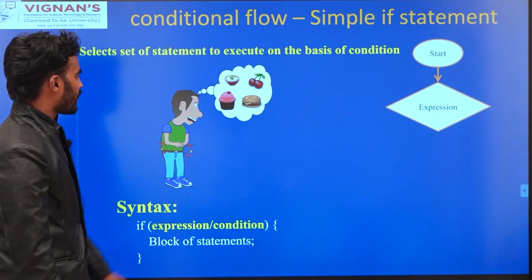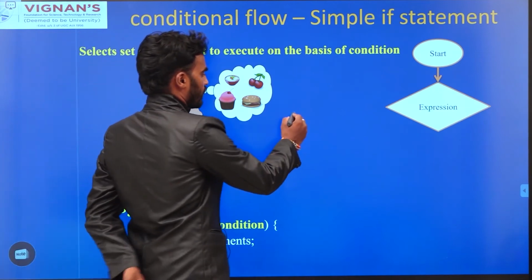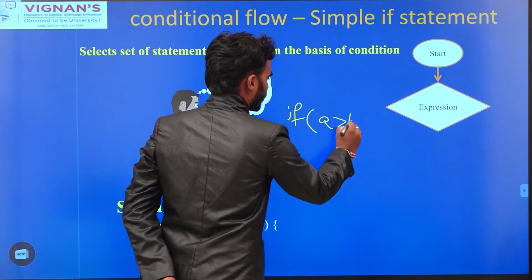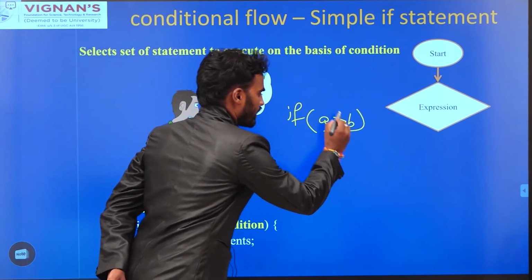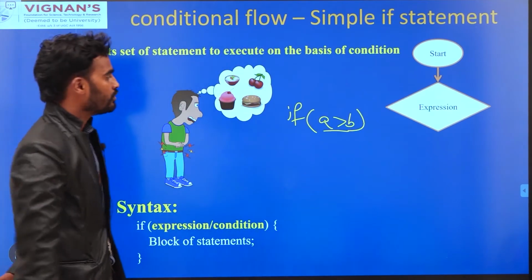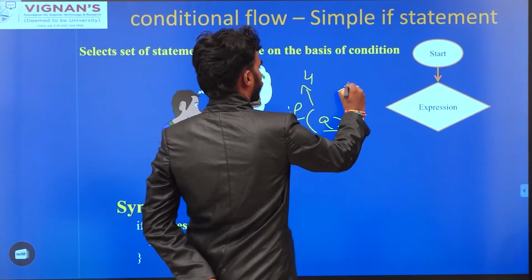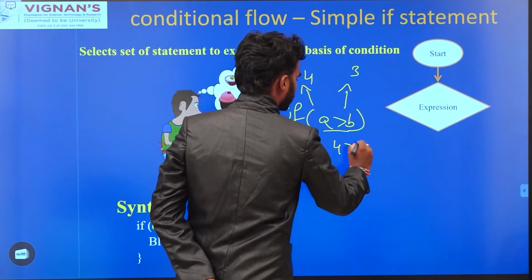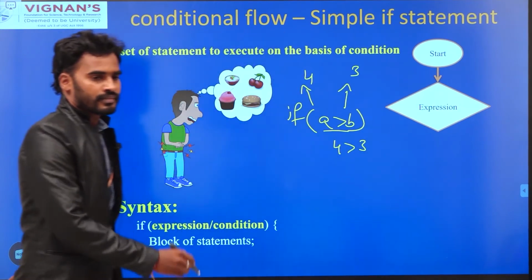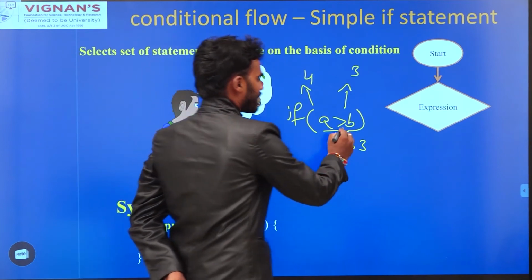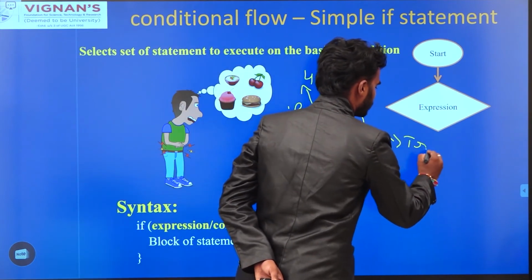Let's take one more expression: if A is greater than B. This A greater than B is also an expression. Assume that the value of A is 4 and the value of B is 3. Is 4 greater than 3? It's a relational operator, and 4 greater than 3 is true, so it results in true.